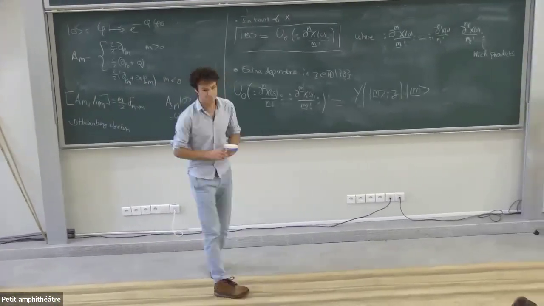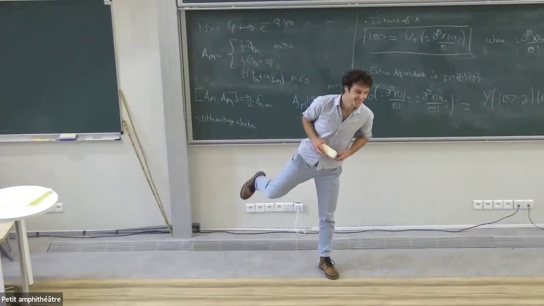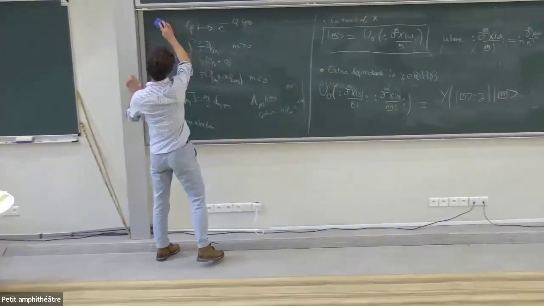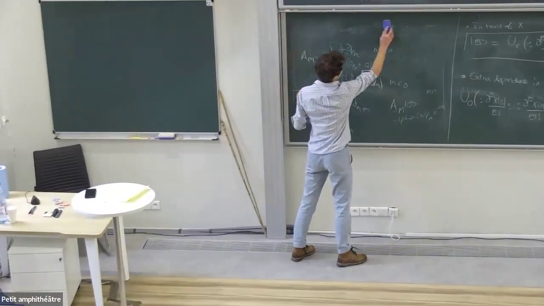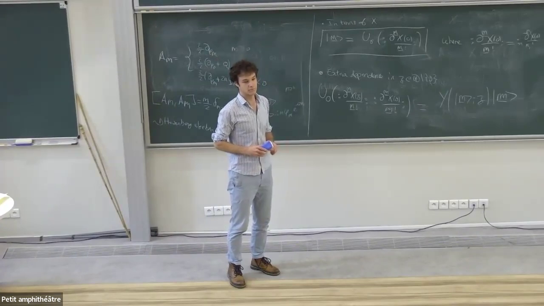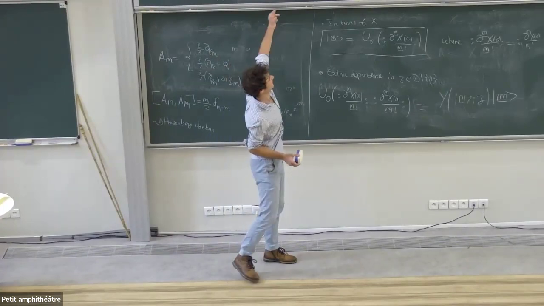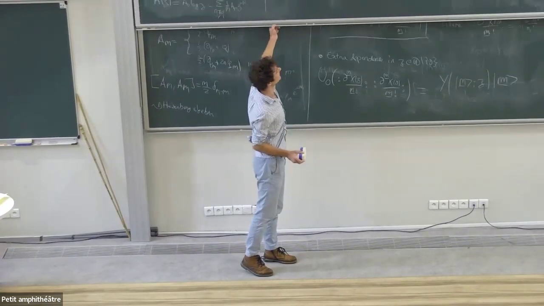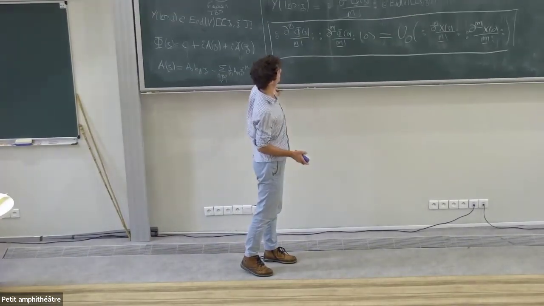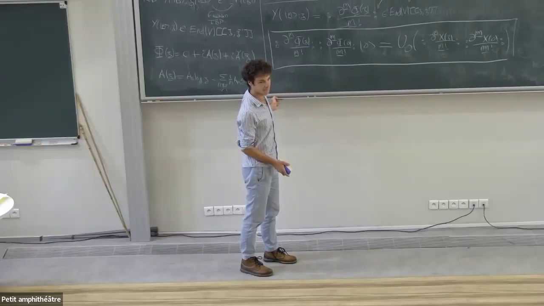So I interrupt you for a minute, sorry. I thought that U zero was supposed to act on M bar, or M underscore. I'm confused. So you act on the vacuum instead of acting on M underscore.